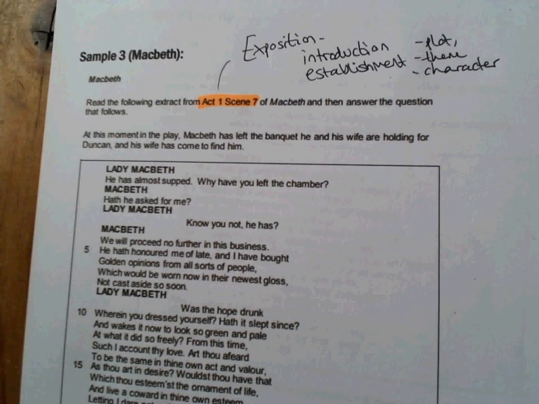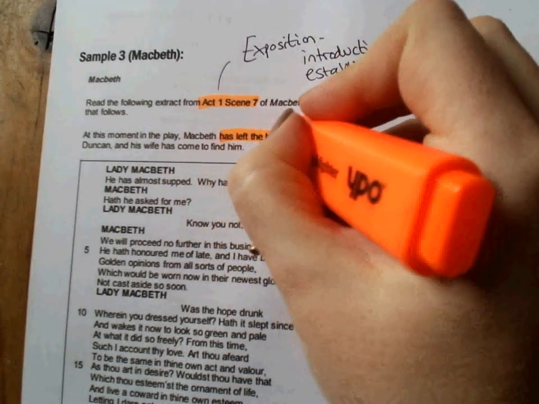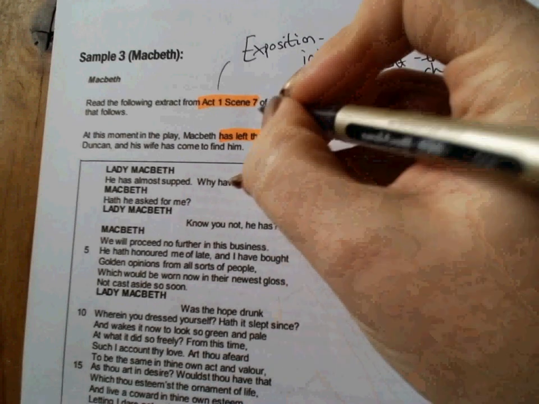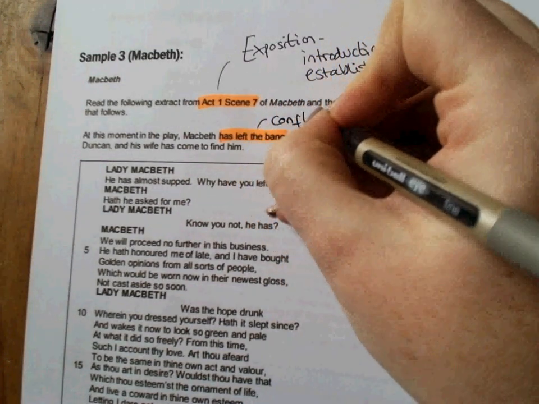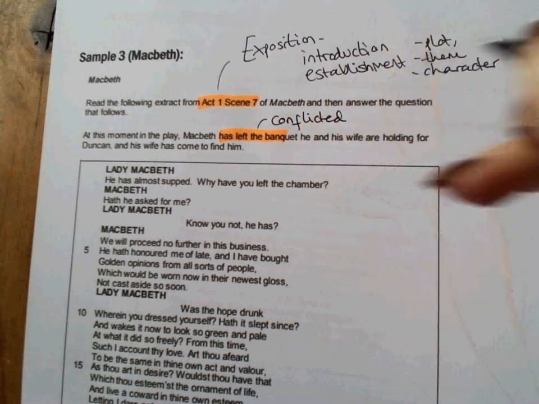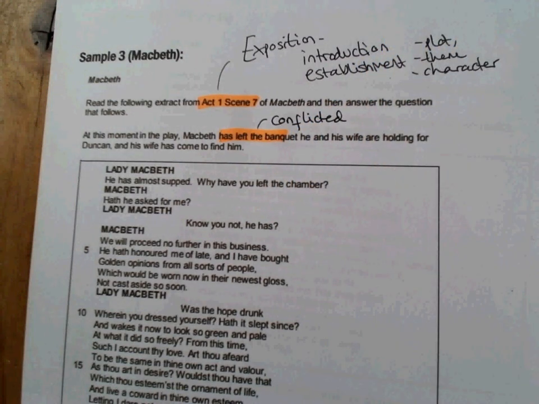So at this moment in the play, Macbeth has left the banquet and he and his wife are hosting for Duncan. His wife has come to find him. There's two important bits of information here about the marriage. One, that he has left the banquet. This is reminding us as audiences about the fact he's really conflicted about committing regicide.